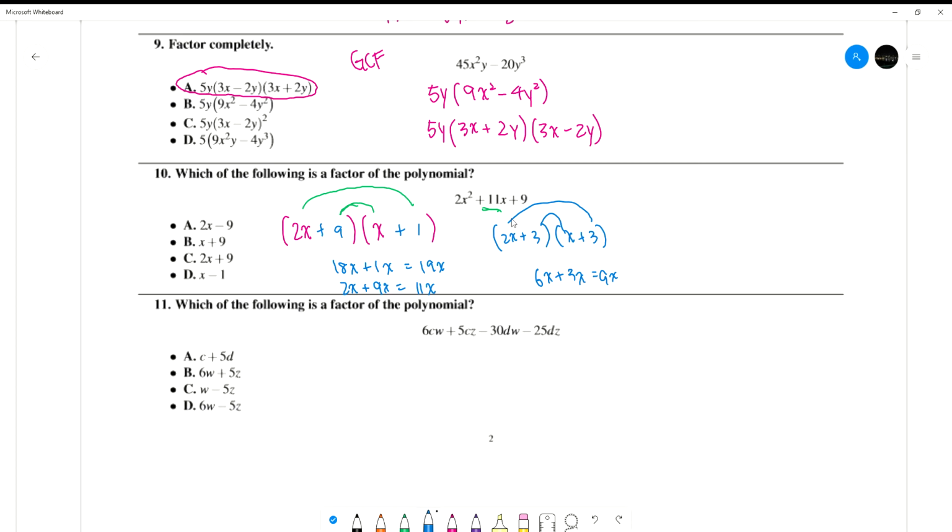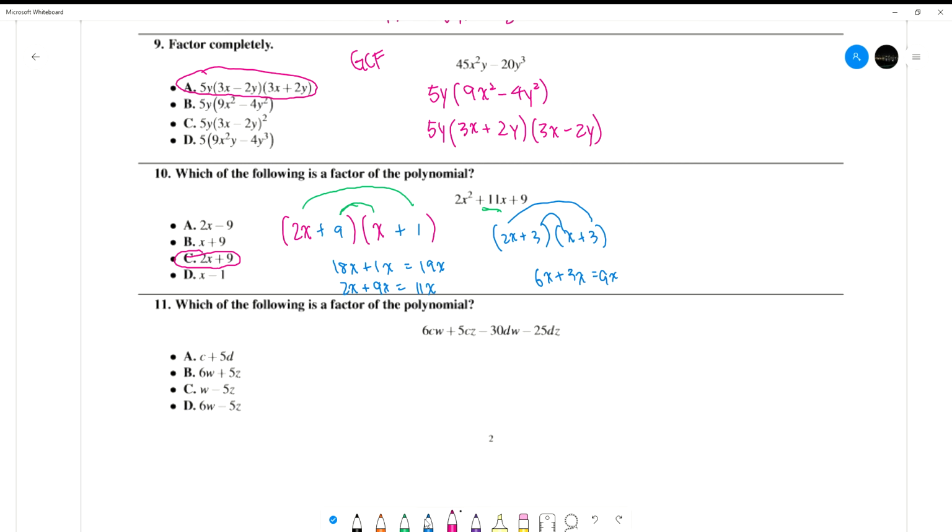That's why it's called the trial and error method. But as you practice, you'll be able to find the outer and the inner quickly in your head, and you don't have to write these numbers down. And you'll see, oh, okay, 2x plus 9, x plus 1. As I look at the answer choices, there's no x plus 1, but there is a 2x plus 9.